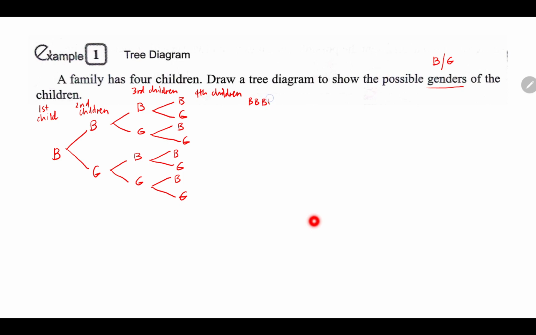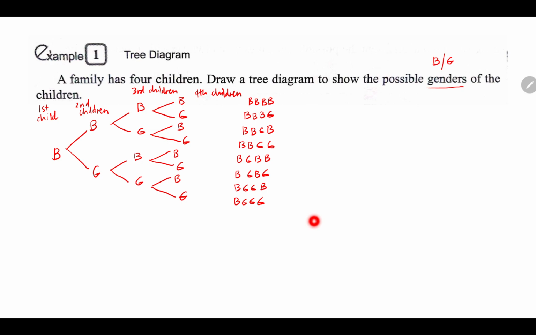So if we are going to list the possibilities, we have boy, boy, boy, boy. Then boy, boy, boy, girl. We also have boy, boy, girl, boy; boy, boy, girl, girl; boy, girl, boy, boy; boy, girl, boy, girl; boy, girl, girl, boy; and then boy and 3 girls.